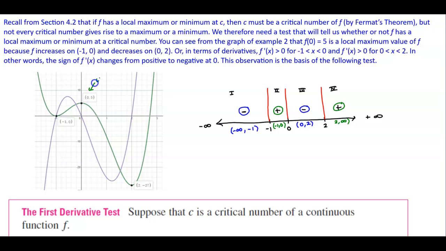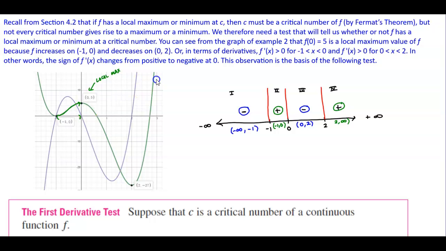at 0.5. So there is a local max. Okay, and you can see that it is a local maximum because the function increases, so the green here, we can see it's increasing on the interval from -1 to 0.